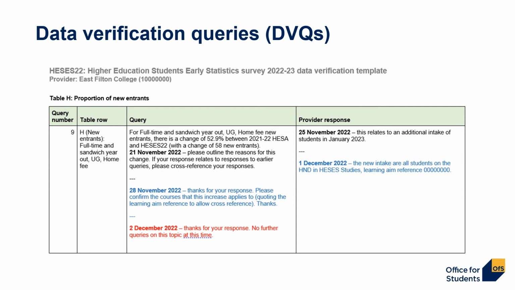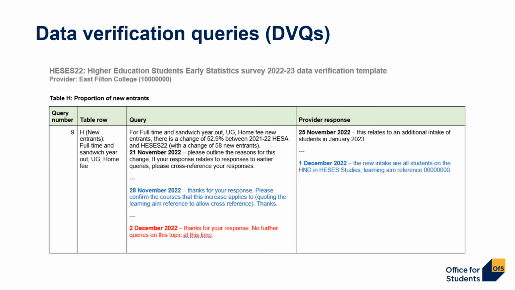Its format is almost identical to what we see here from the following section for queries on the workbook's comparison tables. Specifically, here we see questions on comparison table H, which is about the proportions of new entrants on table 5. We won't show the comparison table itself here or the highlighting on it because we just want to show the format of the data verification queries.